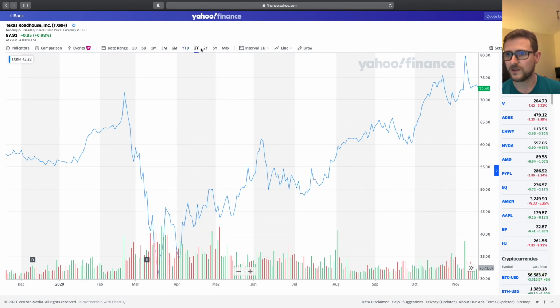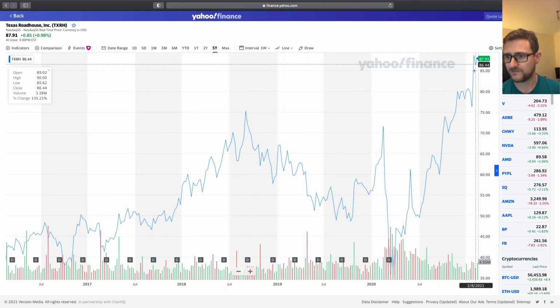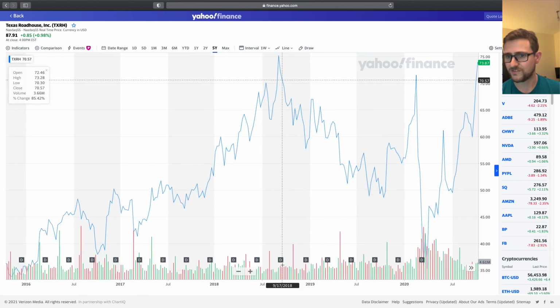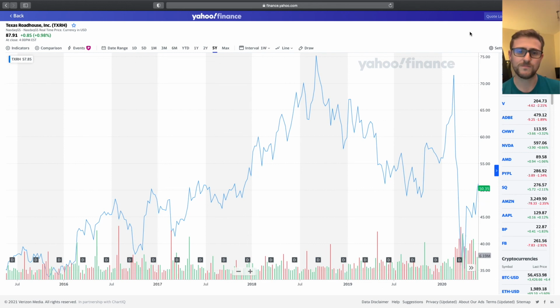Going out to the 5-year view, we hit the low down here, but the rest of the time it tends to trade quite a lot above the intrinsic value. So the only potential opportunity would have been in March, and even then that was only about the intrinsic value or sticker price, so it wasn't close enough to what we want. But it's a good example to look at as well.